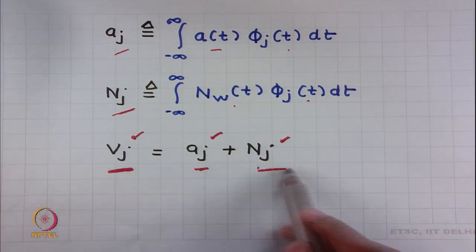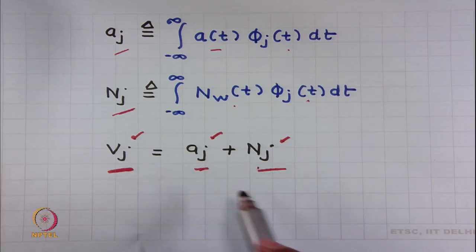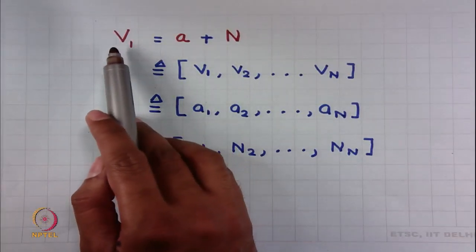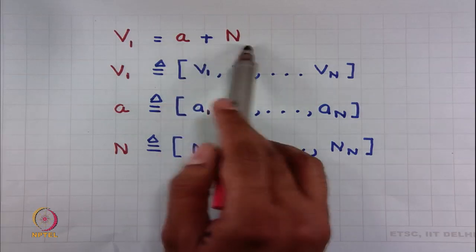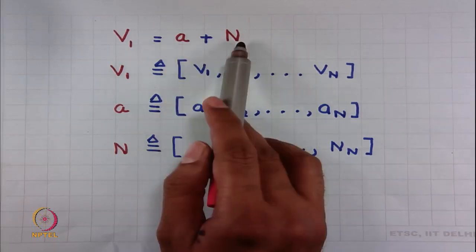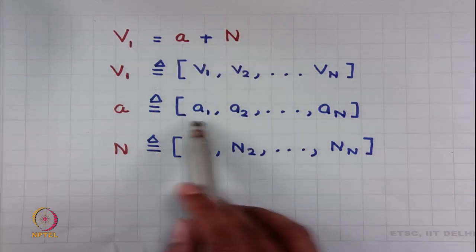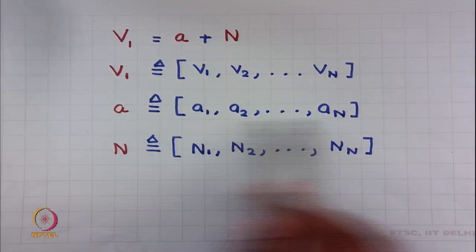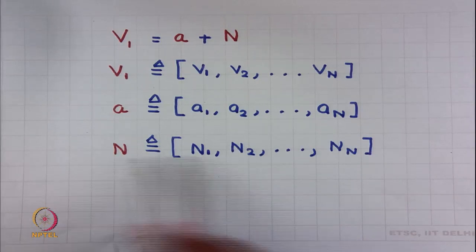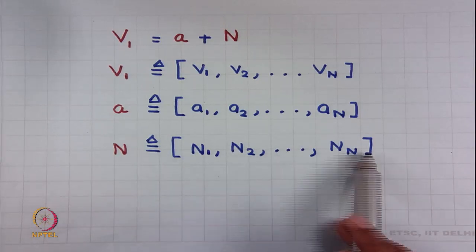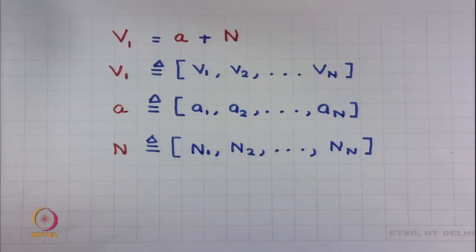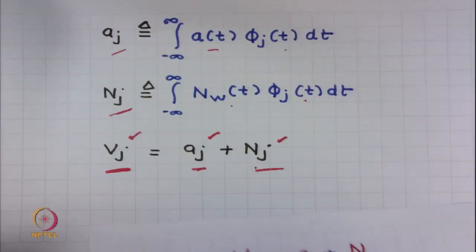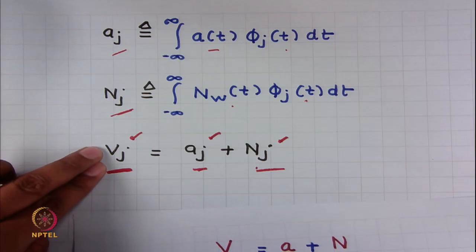Now, if you know this, then you can also know that random vector V 1 is simply a sum of two vectors a and n, where the elements of a are the coefficients of projections of signal on orthonormal functions, and the coefficients of n are the projections of white Gaussian noise on these orthonormal functions. So, what I am doing is simply translating this.